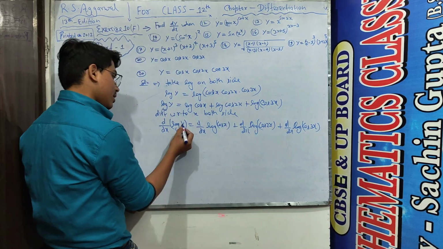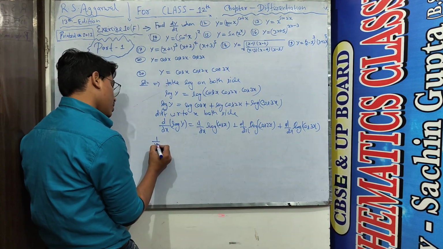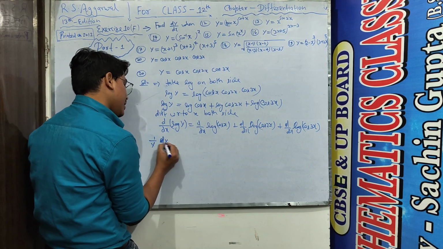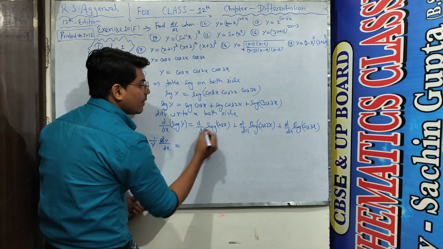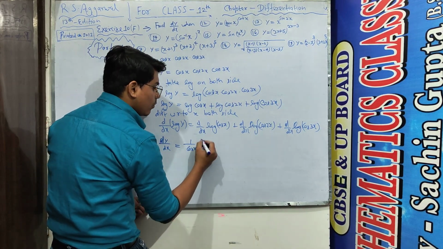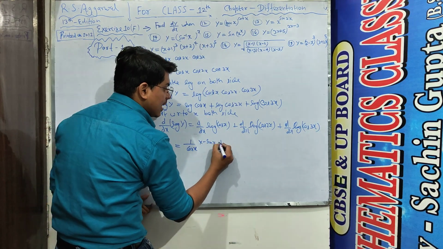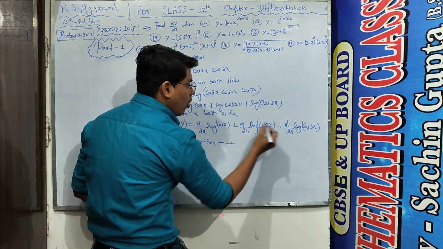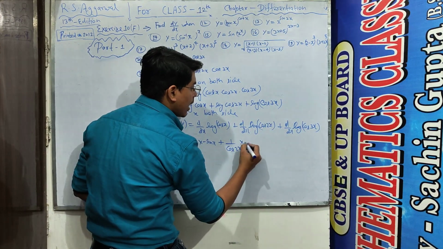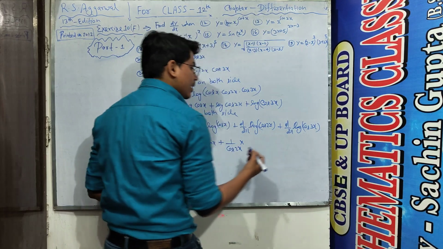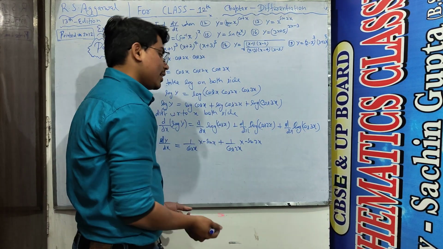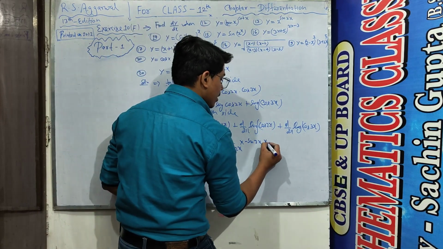And now student I differentiate log of y, the differential is 1 upon y, dy by dx, equal to differential of log cos x, which is 1 upon cos x, and differential of cos x is minus sin x, and differential of log cos 2x is 1 upon cos 2x, and differential of cos 2x is minus sin 2x, and by applying chain rule again it becomes 2.